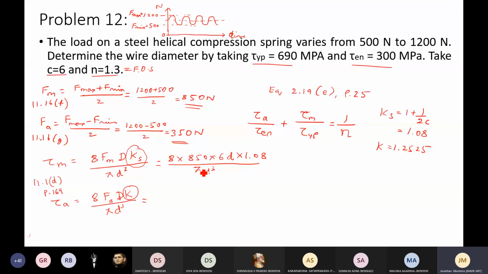So you'll get an equation of d square here, so you have to solve for that. Similarly for tau a, which is 350 newtons, 6d, this is 1.2525 by pi d K. So you should get some number by d square here.